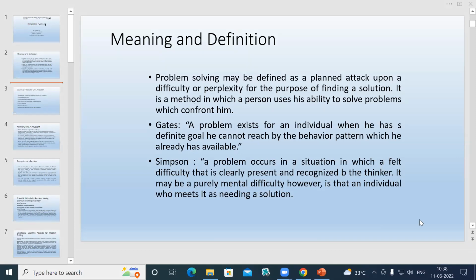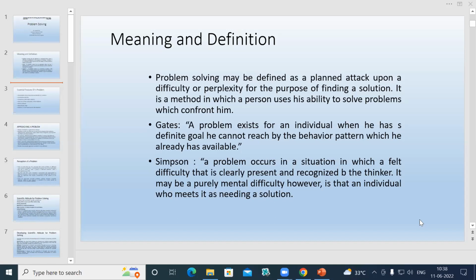Simpson: a problem occurs in a situation in which a felt difficulty is clearly present and recognized. It may be a purely mental difficulty, however, that an individual who meets it needs a solution. These are the definitions.